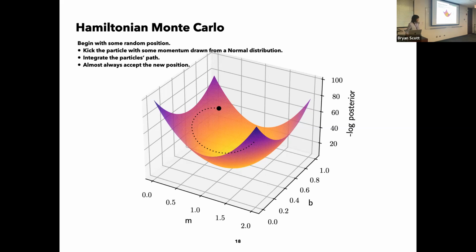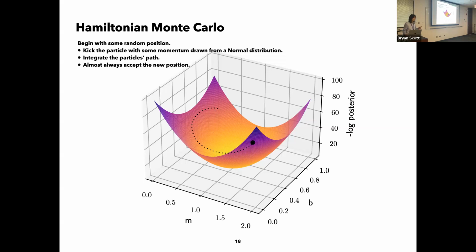We begin with the proposed region here, and we have some initial random momentum pointing to negative B, somewhere near here. The ball will just follow the curvature of this potential map, moving from here to here. That's one proposal.